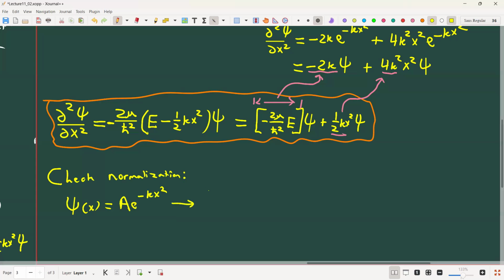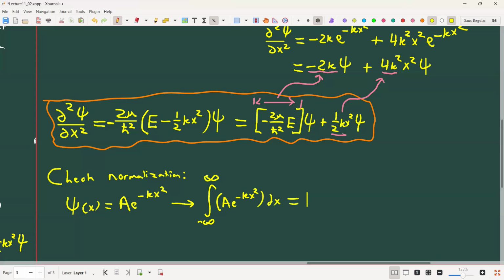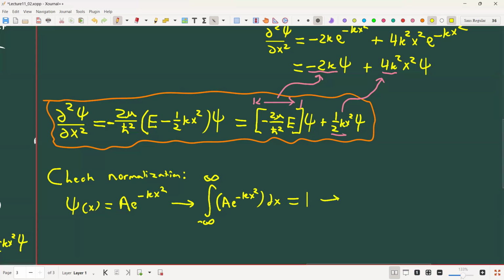And remember, we want to ensure that the integral over the entire space of the problem, which in this case is minus infinity to positive infinity, right? The spring can be effectively any length. The square of this function, dx, is equal to 1. Okay, so we just have to make sure that that's true.